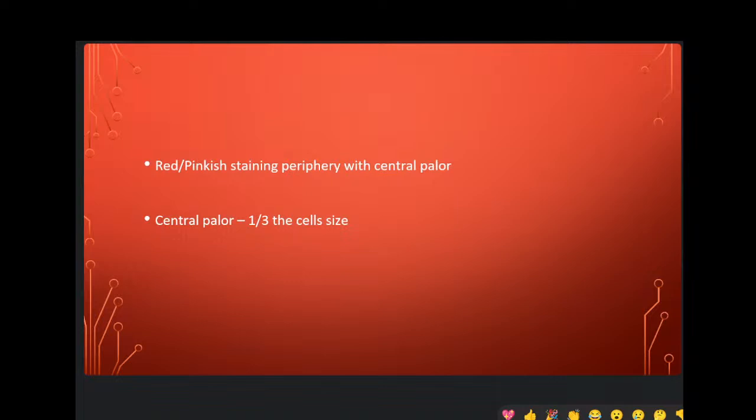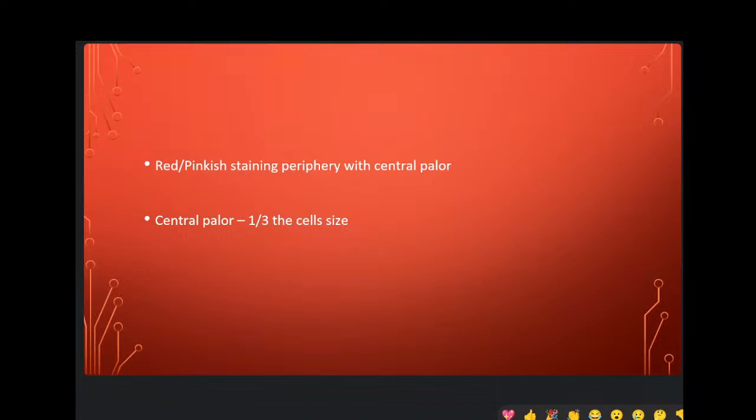Wag kakalimutan yan kasi when you're grading RBCs for anemia, you need to take note of the central pallor. It's especially important when we go to the topic of peripheral blood examinations. Kasi meron tayong mga fina-follow na World Health Guidelines which again appear in the board exams. So clear tayo dyan ha.